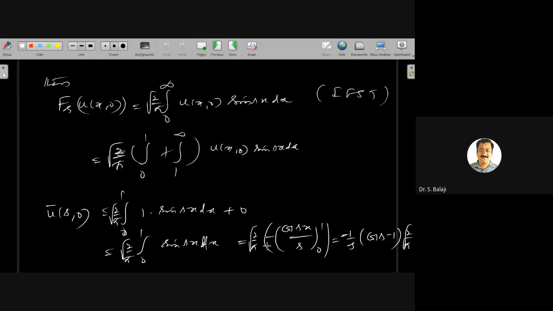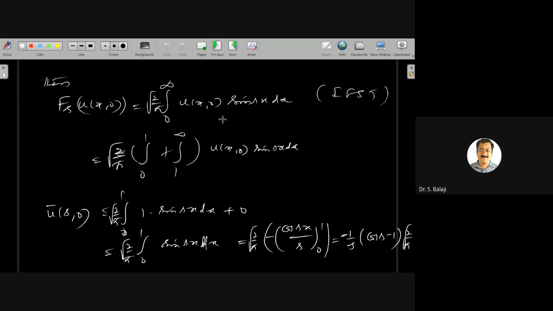For root of 2 by pi, the integration of sin sx is minus cos sx by s from 0 to 1. So I will take minus 1 by s outside: cos s minus cos 0, which is 1. So cos s minus 1.